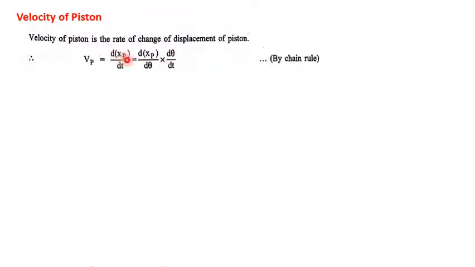So, differentiation of xp by dt. By using the chain rule we can write it like this, but we know that d theta by dt is omega, because omega is nothing but angular velocity. The rate of change of angular displacement with respect to time is nothing but angular velocity.